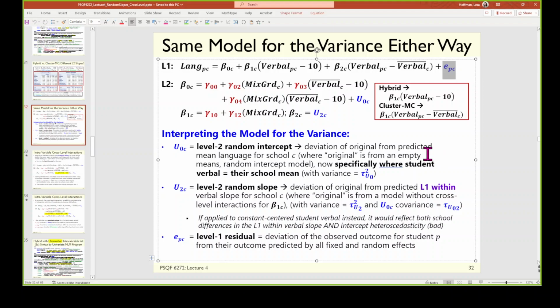So if this were my model, how many potential pseudo R squares could I calculate? 3. Why do some clusters have different intercepts? Why do some clusters have different slopes? Why do some kids have different outcomes? So in terms of what explains what, all 3 of those things, what do they do? Reduce random intercept.